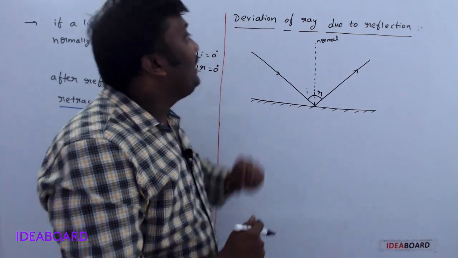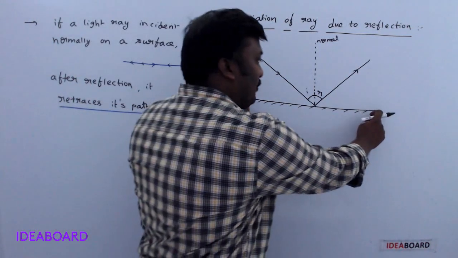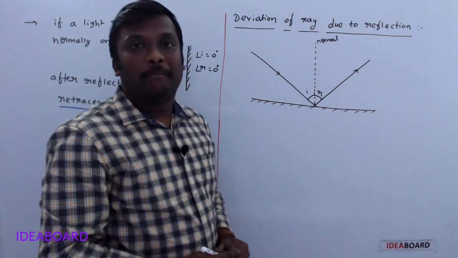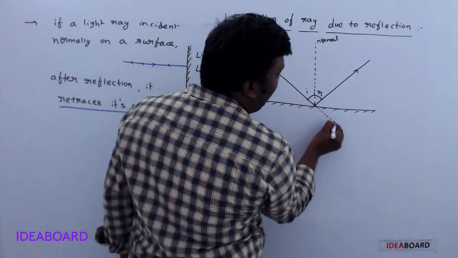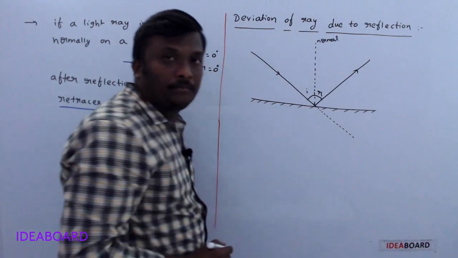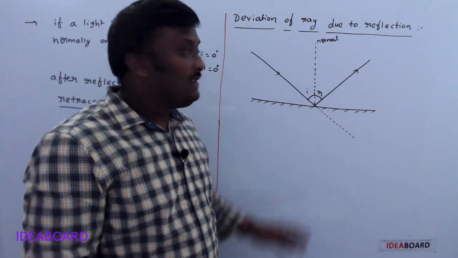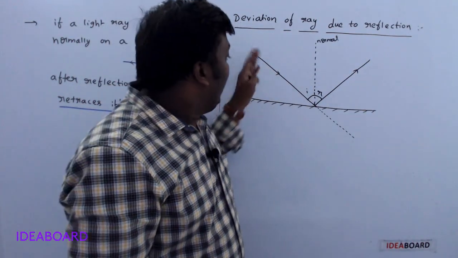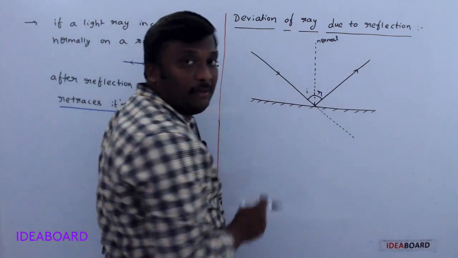What is the meaning of deviation of ray? If there is no reflecting surface, what happens? The incident ray follows its same path. In the absence of the reflecting surface, the incident ray follows the same path. So in the presence of the surface, reflection will take place.